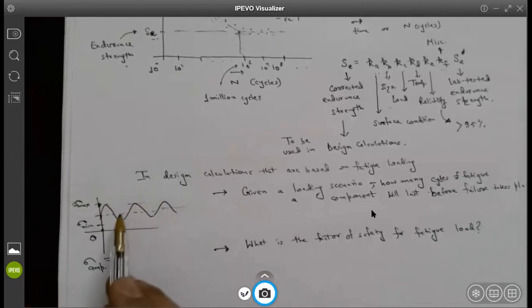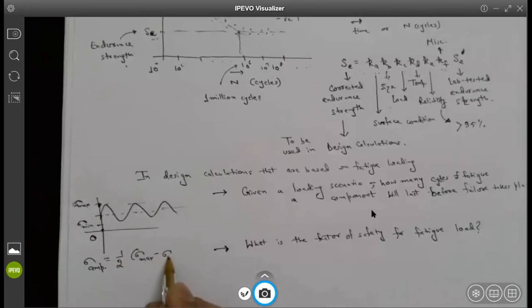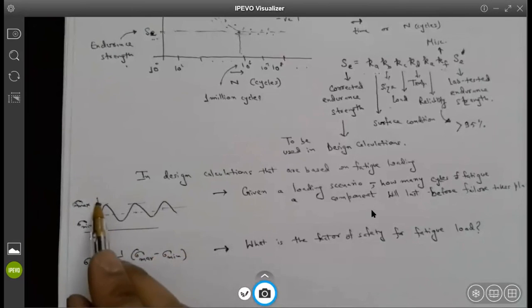Can anybody volunteer to determine what is going to be the amplitude, if you know sigma maximum and sigma minimum? Half of max minus min. Perfect. So it is half of sigma max minus sigma min. So sigma max minus sigma min divided by 2 is your amplitude. This is sigma amplitude.